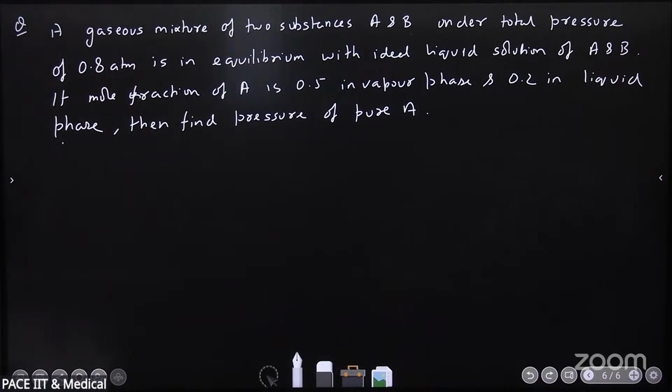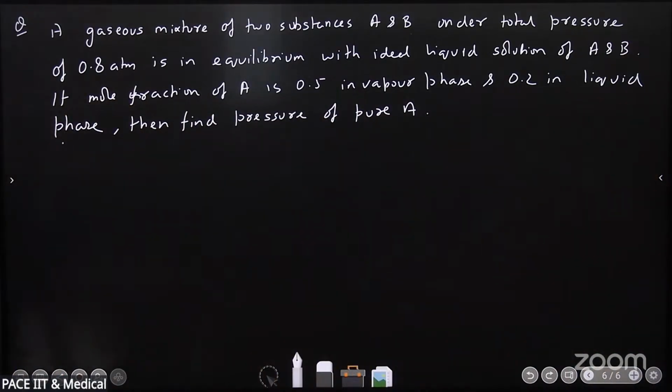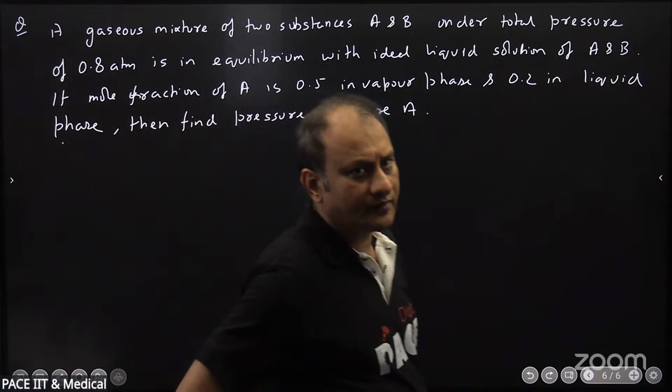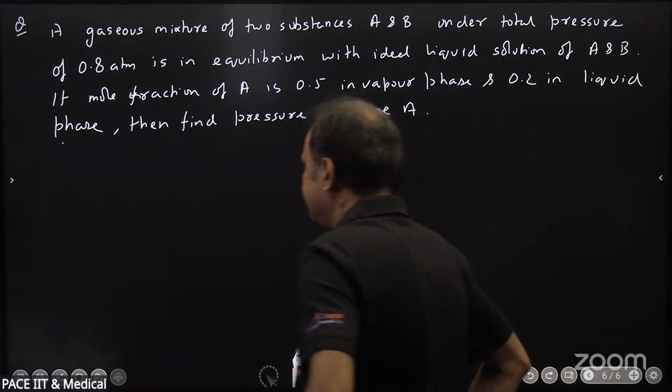Now what is given? We are given mole fraction of one substance in liquid phase and vapor phase. Correct? And we have to find PA naught. Let's start.